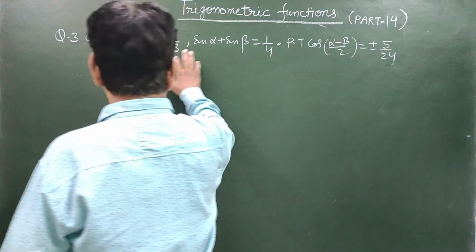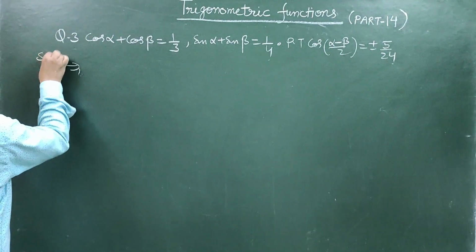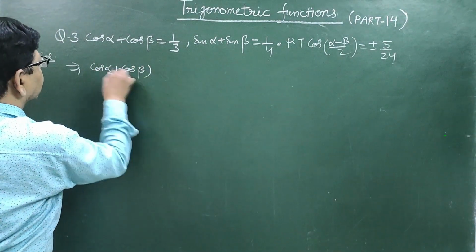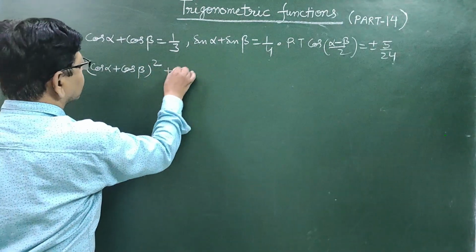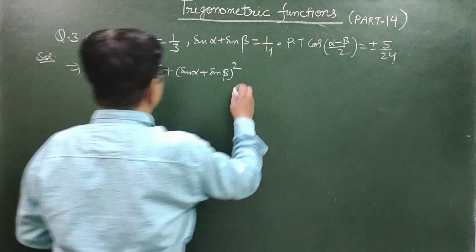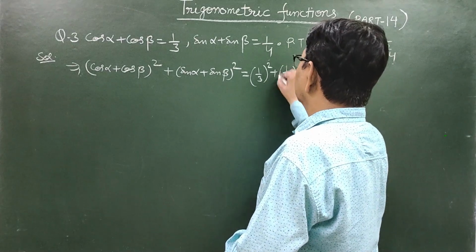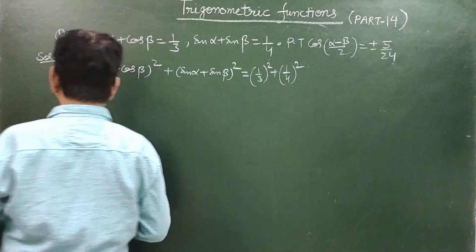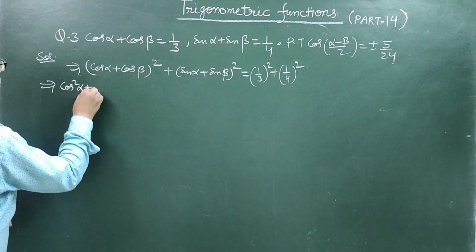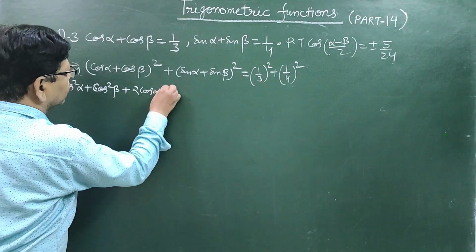So squaring and adding. So if I square and add, then cos alpha plus cos beta square plus sin alpha plus sin beta its square is equal to 1 upon 3 square plus 1 upon 4 square. Now you know a plus b whole square is equal to a square plus b square plus 2ab.